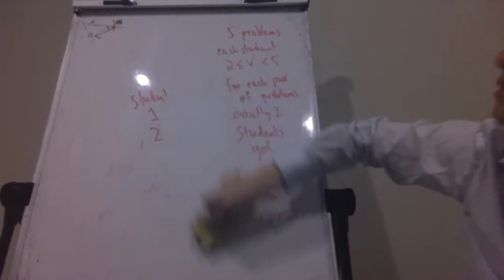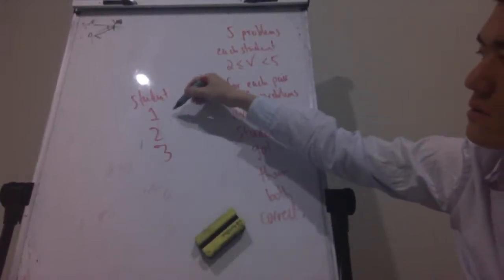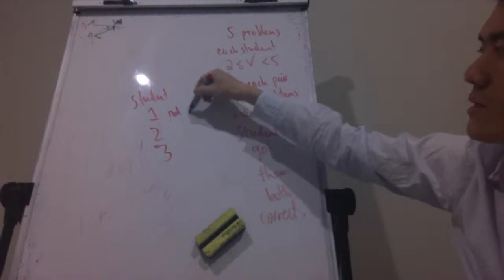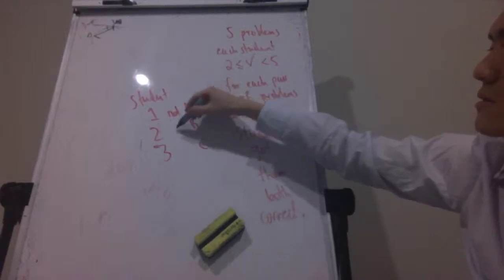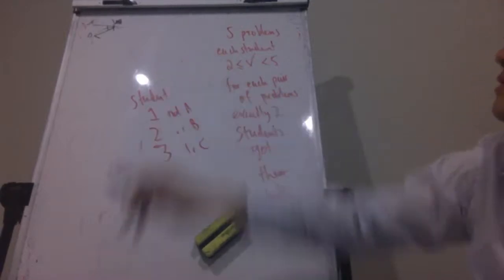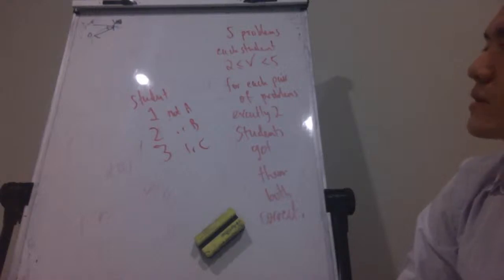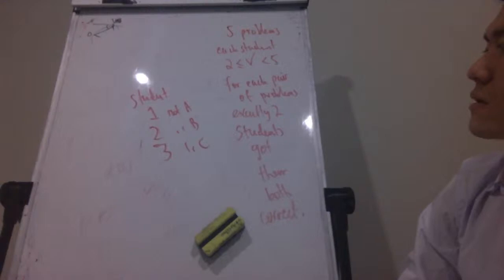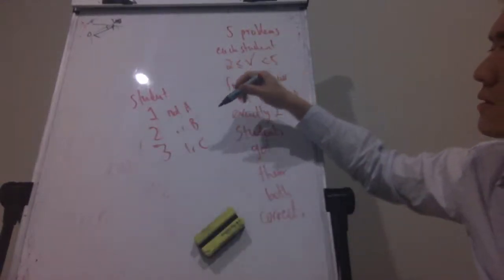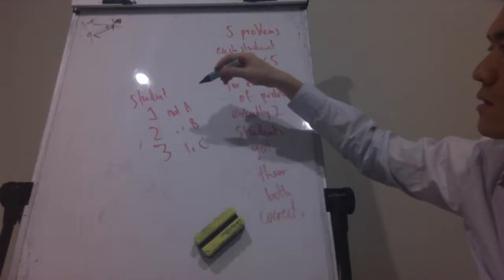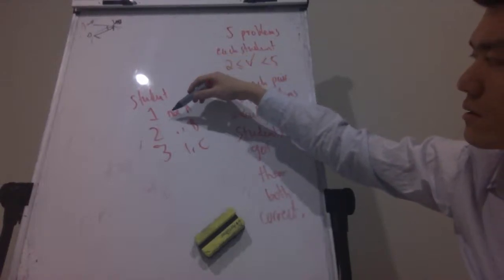Okay. So 3 students. So they're like not A, not B, not C. Then BC must be a pair. DE must be a pair in all 3 of them. Oh, I'm not saying that they all got everything else.